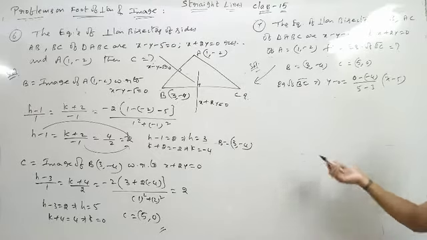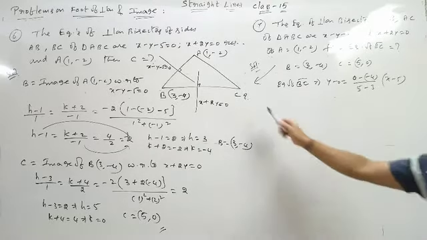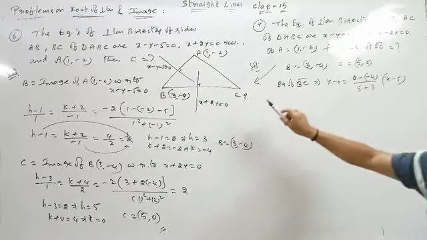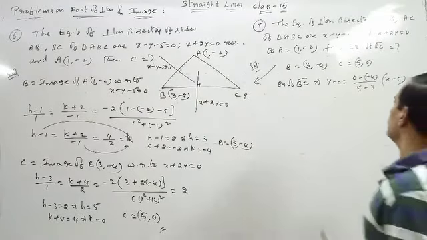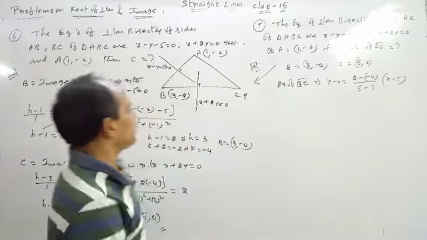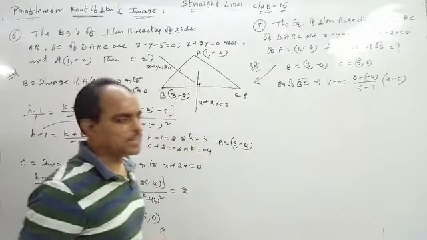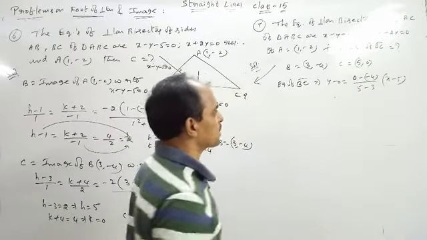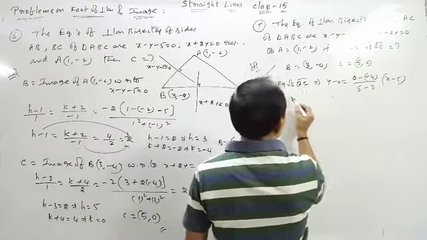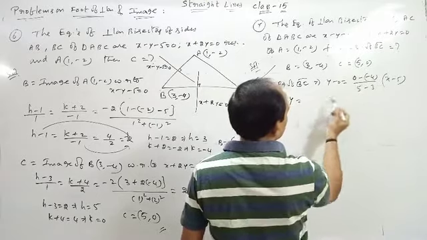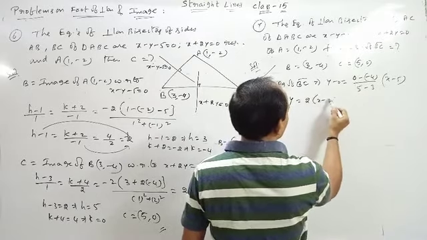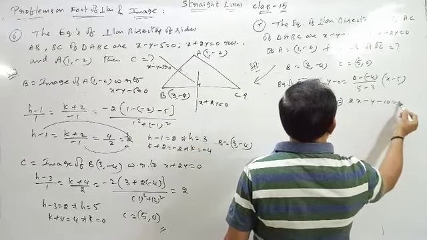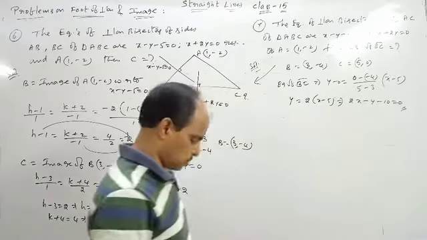This is an extension of the same question. They asked to find the equation of BC. B is known, C is known, same diagram, same points and same line. Okay, so we have the 2 points. We have to find this equation. Whenever 2 points are known, then what will be the equation? Y minus y1 is equal to slope into x minus x1. That is y is equal to 4 by 2, that is 2 of x minus 5. That implies 2x minus y minus 10 is equal to 0.